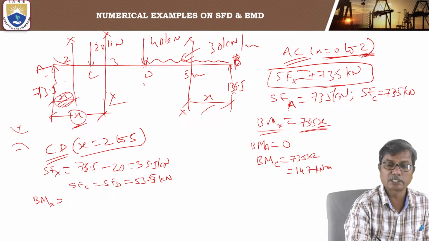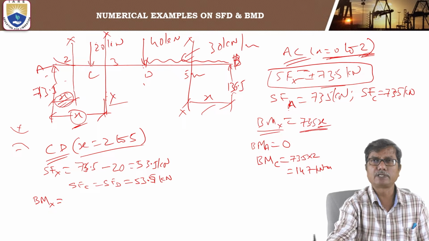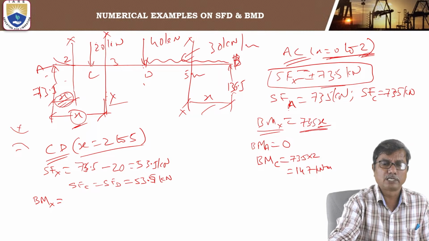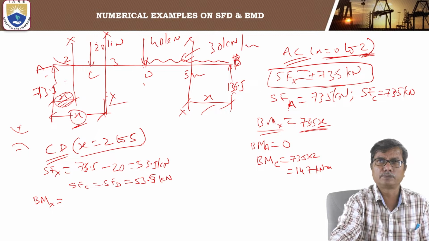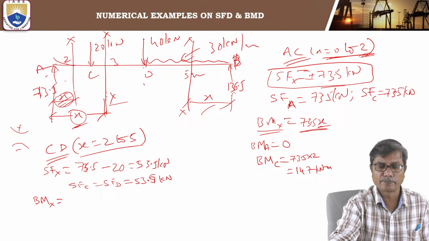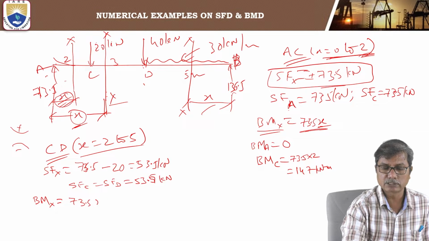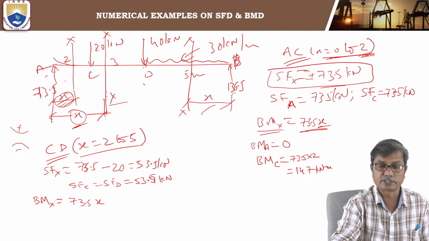Similarly, bending moment. What is the bending moment at x at this section between CD? Considering left hand side, the forces acting are the reaction RA 73.5 and 20 kilonewtons load at C. These two forces produce bending moment at the section X. So bending moment due to 73.5 kilonewtons is 73.5 into its distance x.